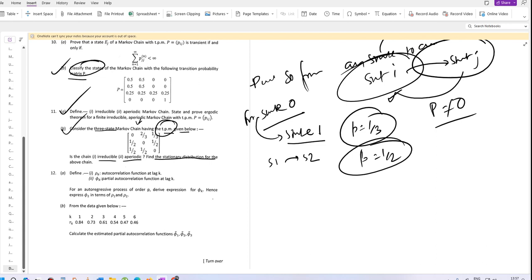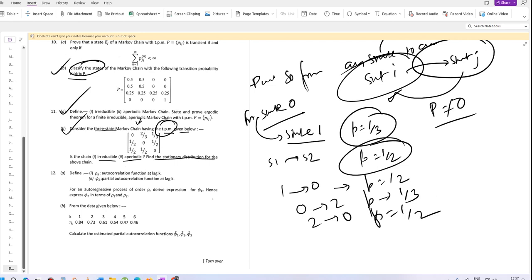And from state 1 to state 0 we can go with probability half, and 0 to 2 we can go with probability 1 by 3. From state 2 to state 1 it is probability half, and 0 to 1 is probability 1 by 3. So therefore the Markov chain is irreducible.